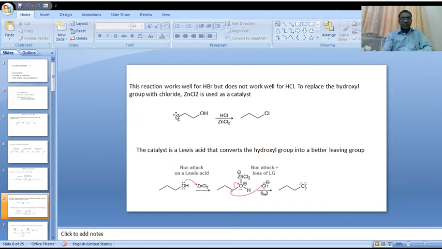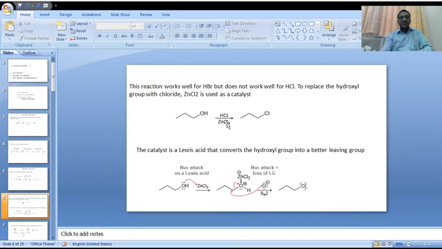Here a primary alcohol reacts with HCl in the presence of this particular catalyst, zinc chloride. The hydroxy group is replaced by halogen, and we get an alkyl halide.